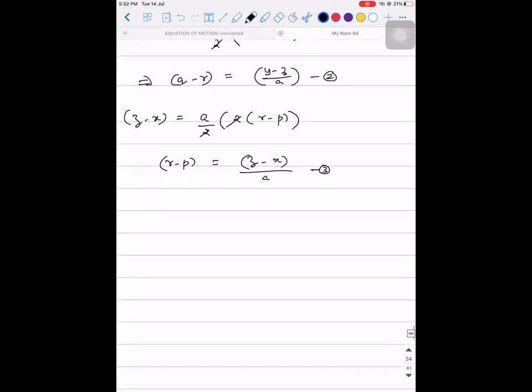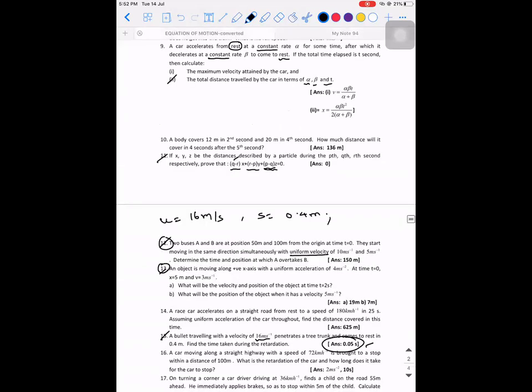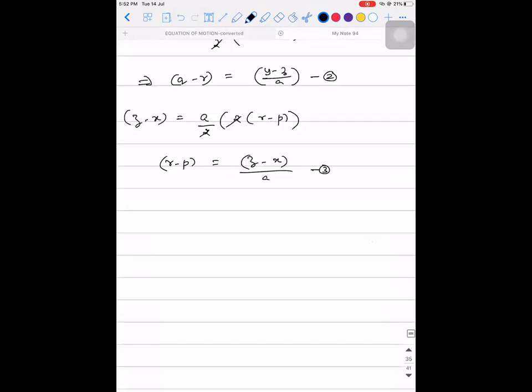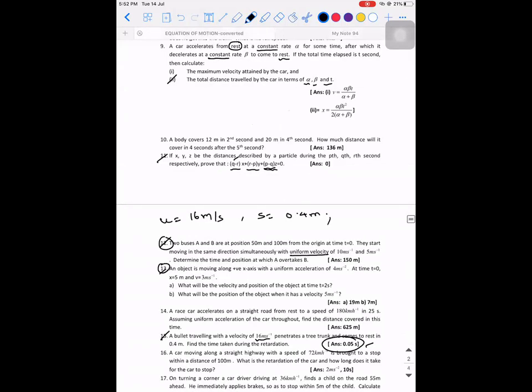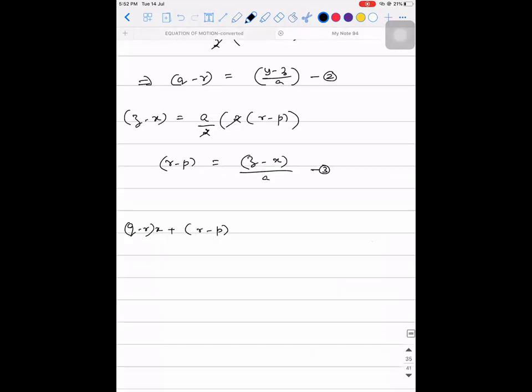So what is the question? What are they asking? Prove that q minus r into x plus r minus p into y plus p minus q into z is equal to 0.